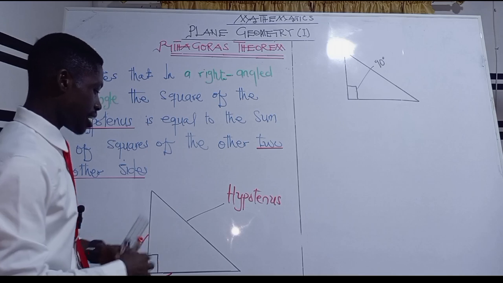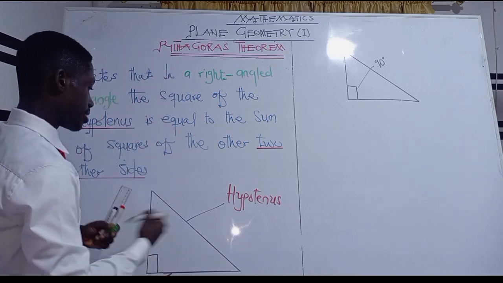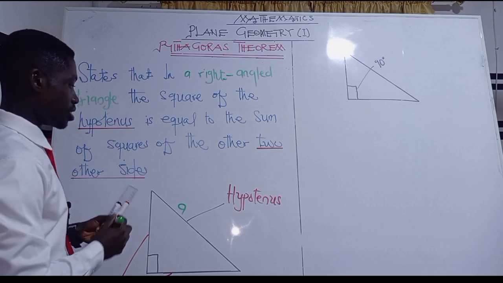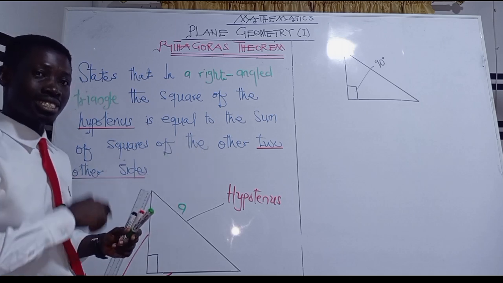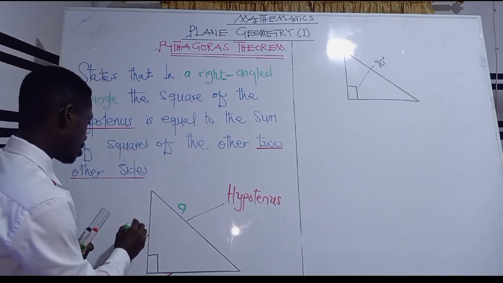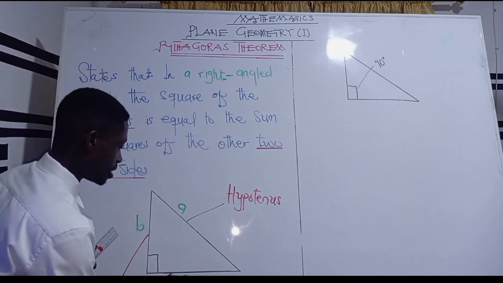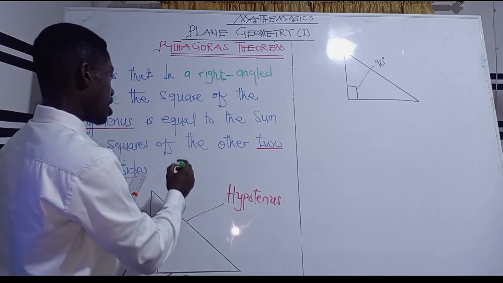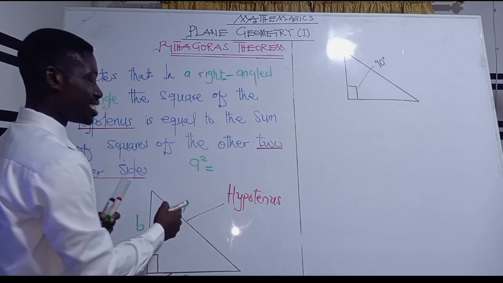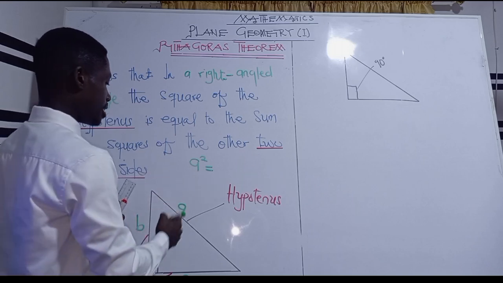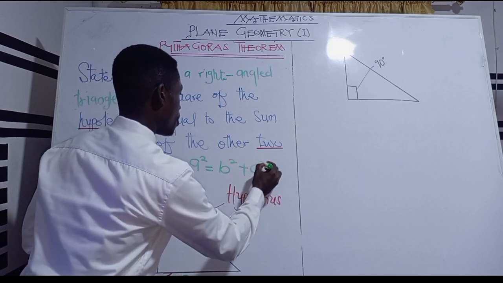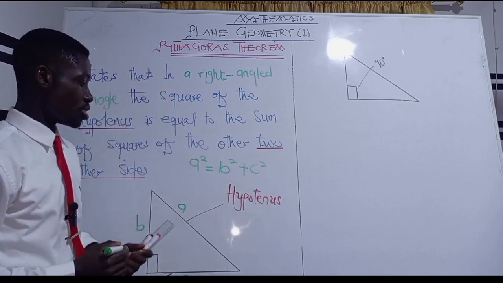Now the theorem is saying that the square of the hypotenuse. So let's call this side A. So the square of the hypotenuse is equal to the sum of squares of the other two sides. So let's call these sides B and then C. So we have A squared, the square of the hypotenuse, which we have denoted with A, is equal to the sum of squares of the other two sides.